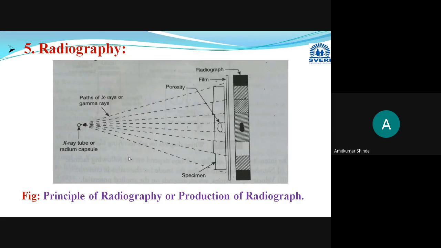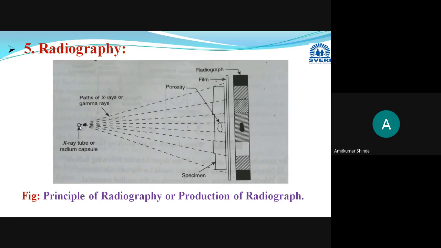Now, in this radiographic technique, the diagram which is visible on your screen shows the general concept or principle of radiography. What we are doing here is taking one source. It may be X-rays or gamma rays.